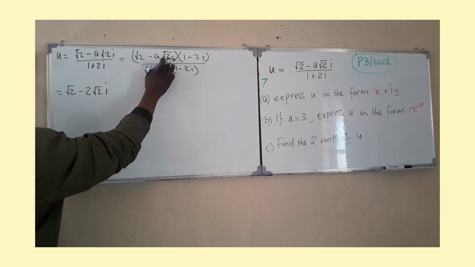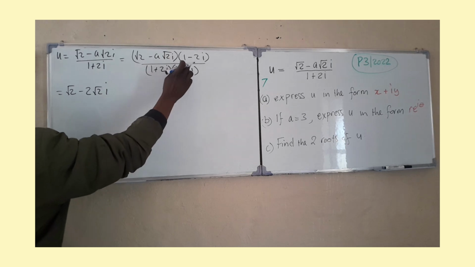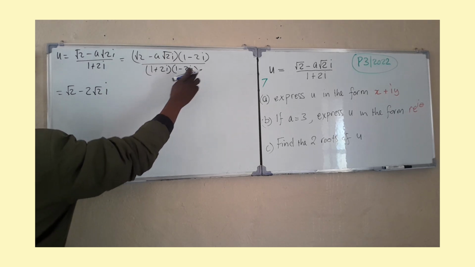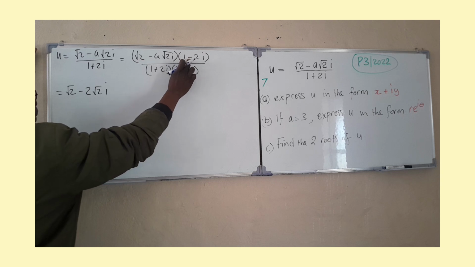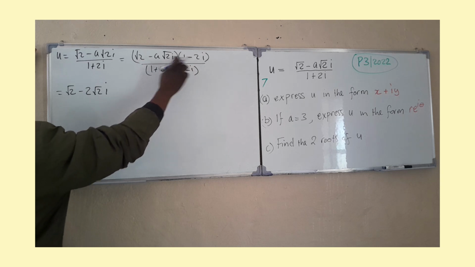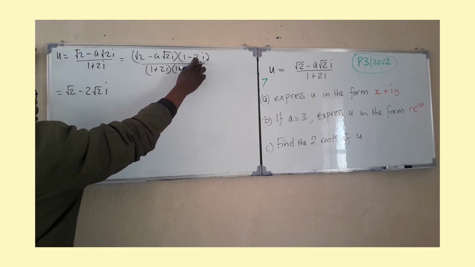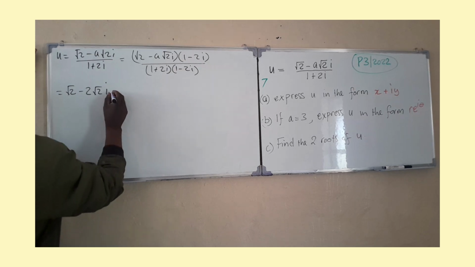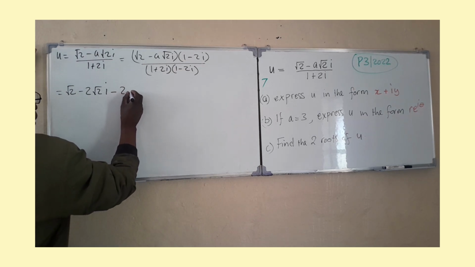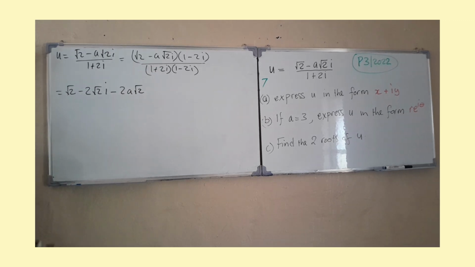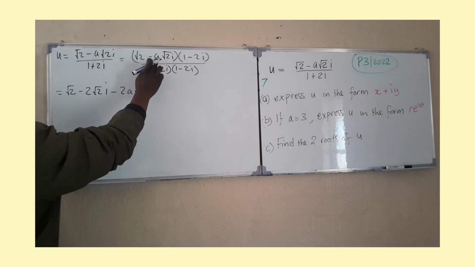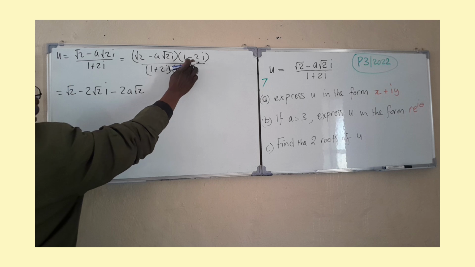Minus a root 2i multiplied by minus 2i should give us this minus sign, and what minus sign give us a plus. Then the i and the i will give us a minus. So the answer will be a minus, which is minus 2a root 2. The i disappears. Finally, then we have this and that.